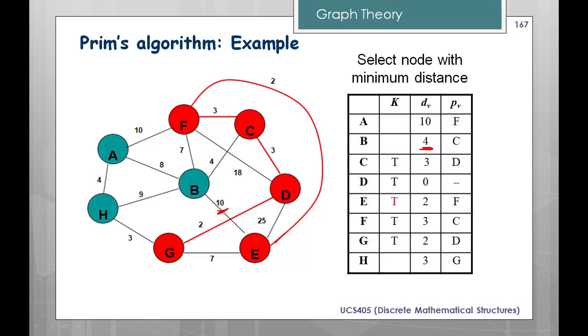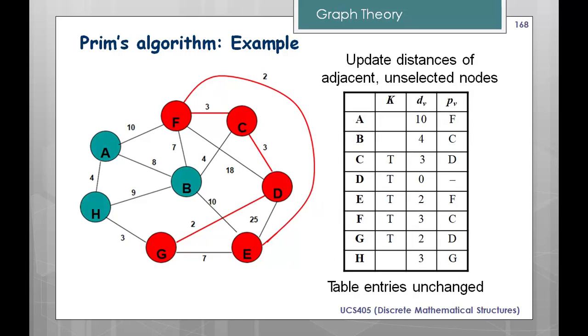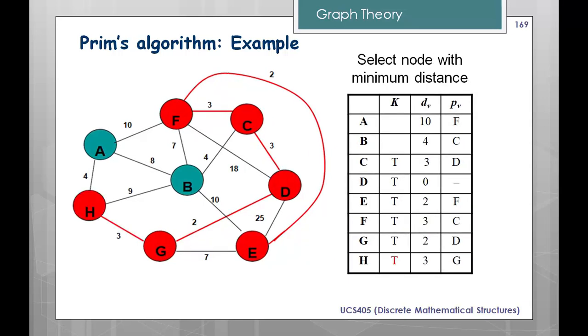Moving further, how many unselected nodes are there? A, B and H. We will process the minimum weight, that is H. H has been updated: true and 3G.